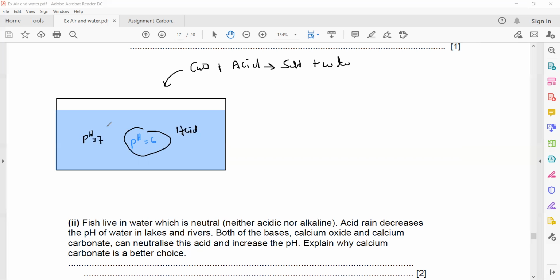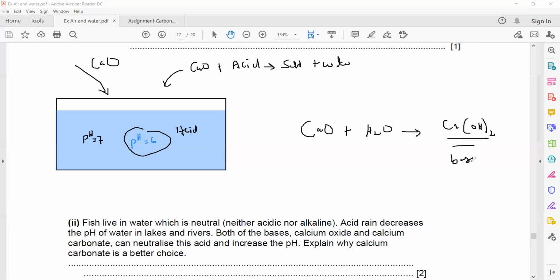But you don't know how much calcium oxide is needed. So example, if you continuously keep adding calcium oxide, now what happened? The calcium oxide, which is sparingly soluble, mixes with water and it will become calcium hydroxide.